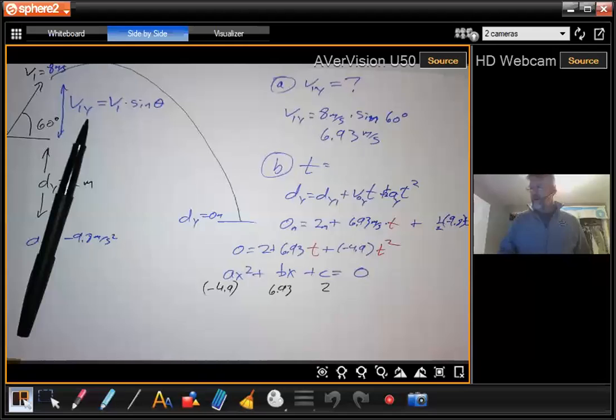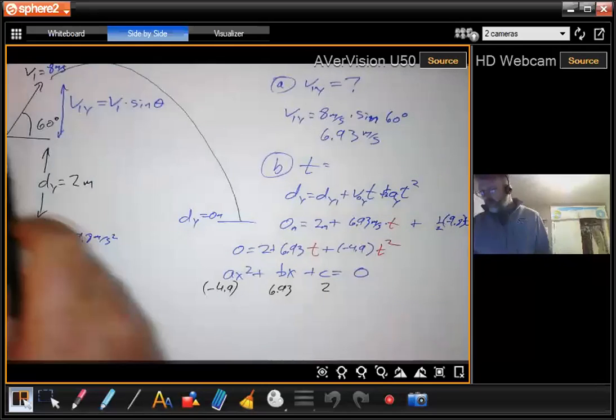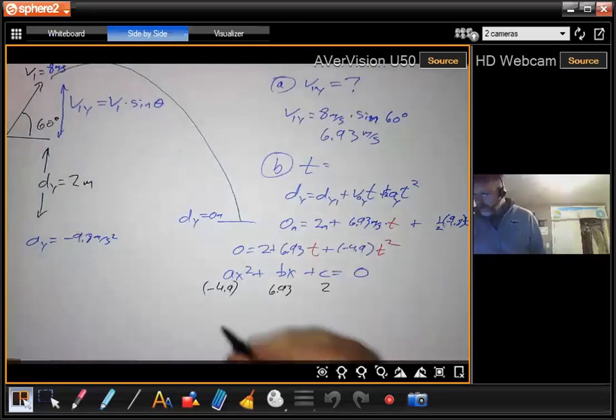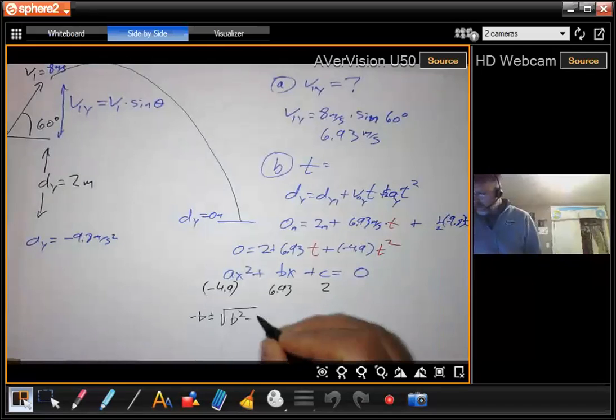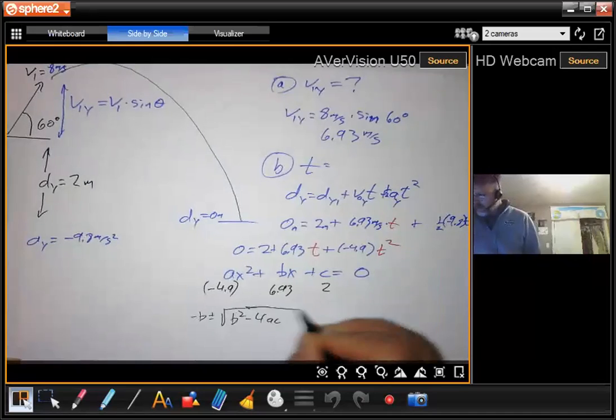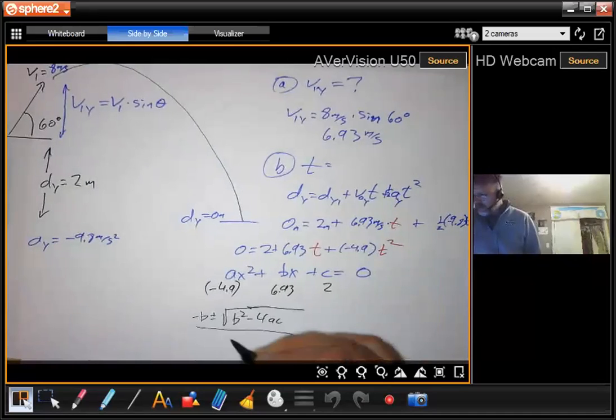All right, so we're going to come in and do the quadratic formula here of negative b plus or minus the square root of b squared minus 4ac, all over 2a.